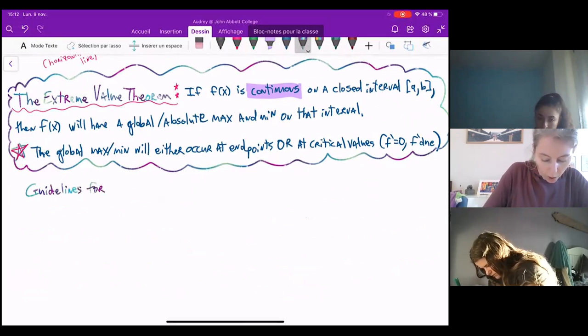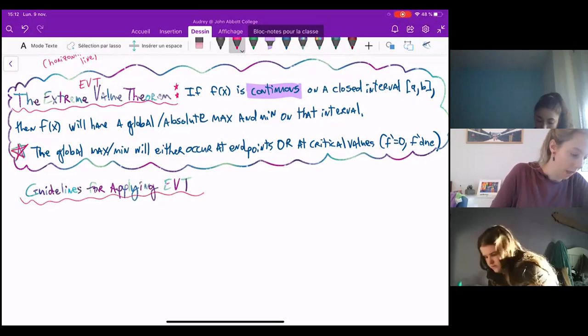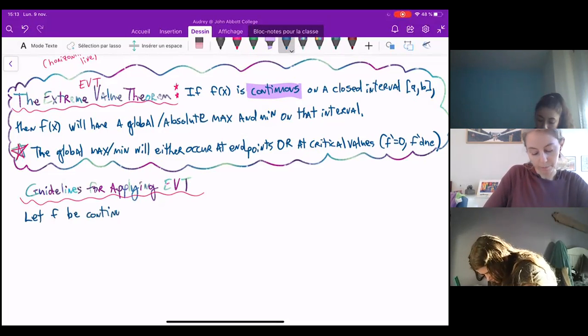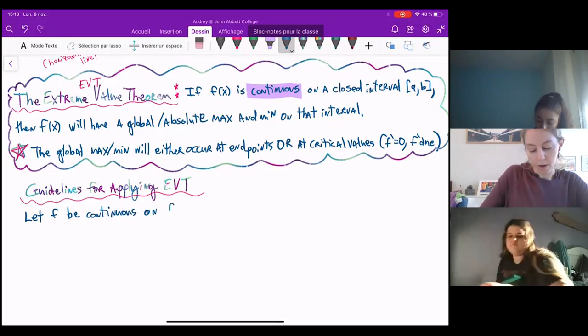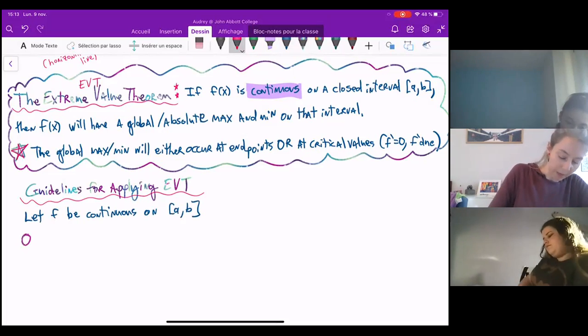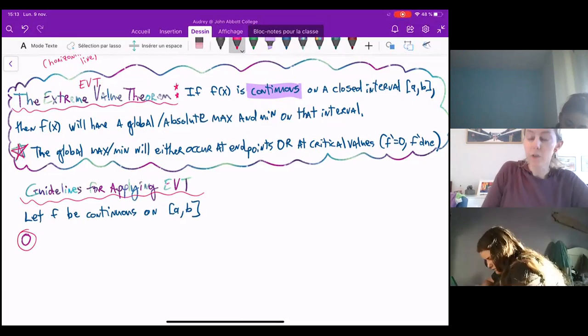Guidelines for applying the extreme value theorem, which from now on will be referred to as EVT. So first, we want to let f be continuous on [a, b]. So we're going to have a kind of zeroth step here that tells us to check if it's continuous. Find the domain and see if it's continuous on the interval.